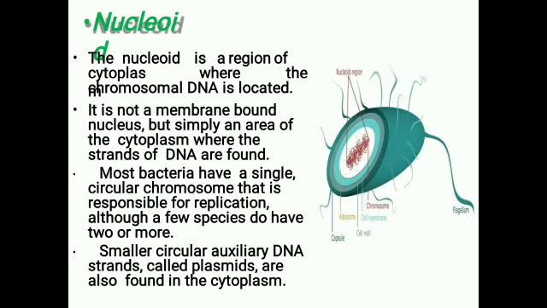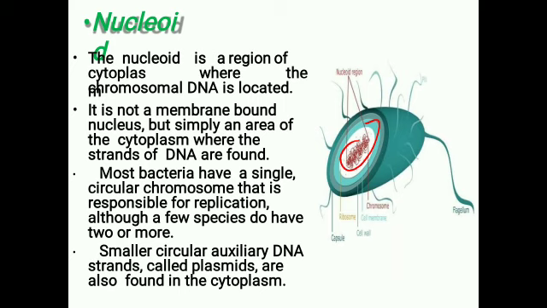Next one is the nucleoid. The nucleoid is a region of cytoplasm where chromosomal DNA is located. It is not a membrane-bound nucleus but simply an area of the cytoplasm where the strands of DNA are found. Most bacteria have a single circular chromosome responsible for replication, although a few species have two or more.